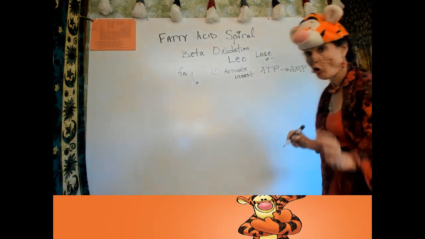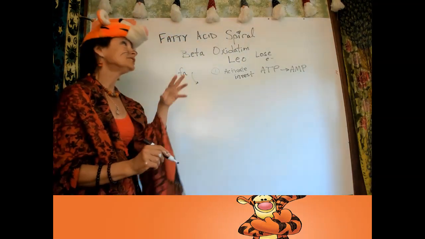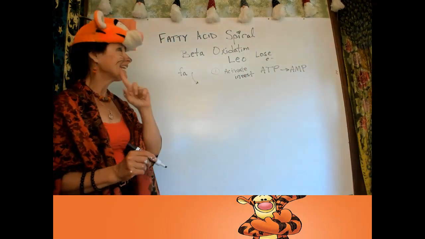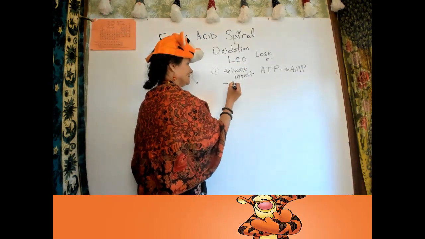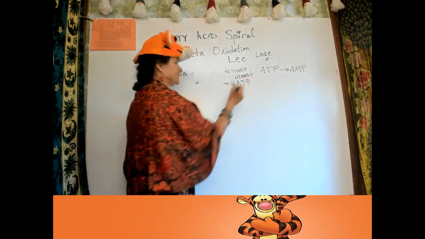And hoping you all know what that means. It lost 2 phosphates. So when the ATP, the triphosphate, becomes the monophosphate, that is the same as an investment of 2 ATPs because it lost 2 phosphates.